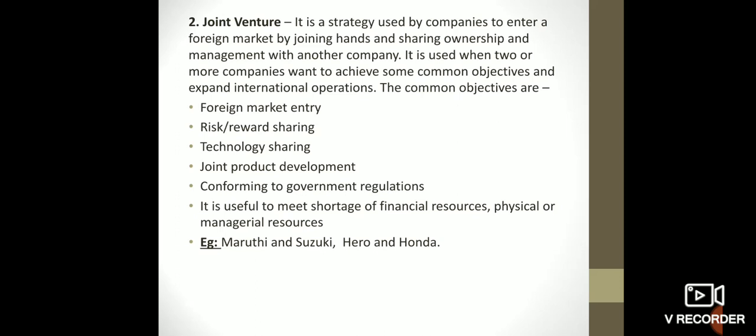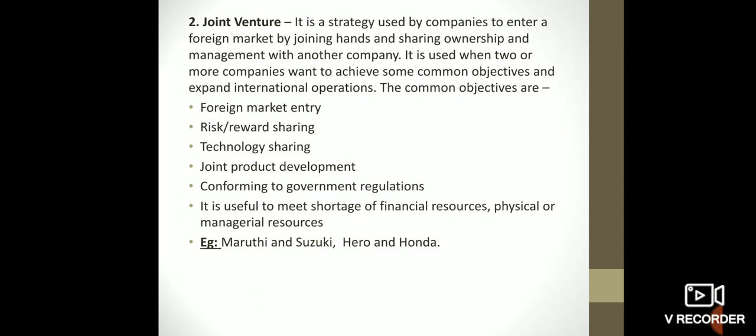Technology sharing: because of the joint venture, the technology of Suzuki and Maruti is shared with each other. Joint product development: you know the Maruti Suzuki vehicles and Hero Honda vehicles, these are the joint products. Conforming to government regulations: they are going to follow the government regulations.